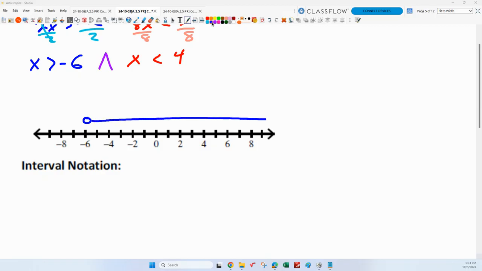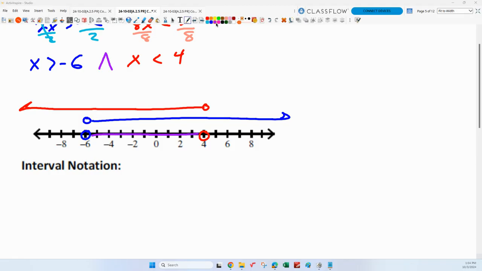The red one is going to be open endpoint at +4, graphing to the left. So what's the overlapping region going to be then? -6 to 4, exactly. So our endpoints are open at -6, open at 4, and we'll just connect everything in between.